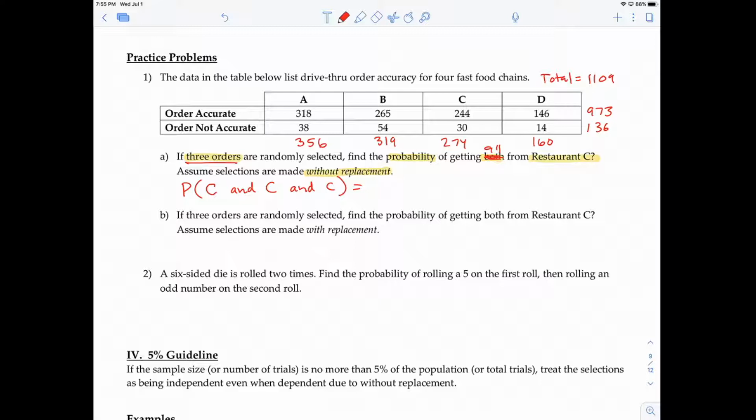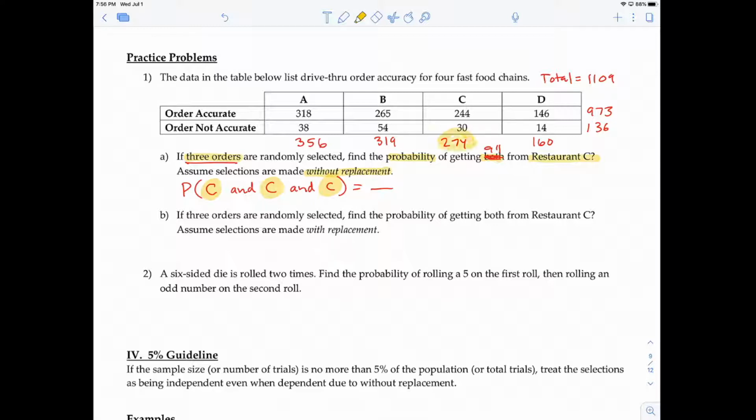All right, so that is the probability of the first one being from restaurant C times the probability of the second one being from restaurant C times the third one being from restaurant C. But then because it's dependent, we have to consider the change in the probabilities after the first trial. So what is the probability that the first order is from restaurant C?